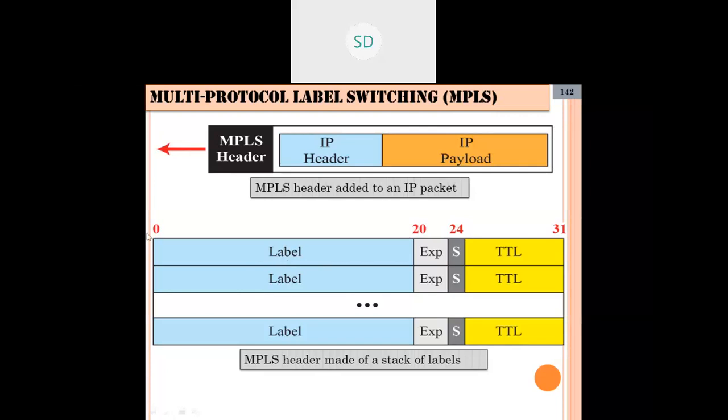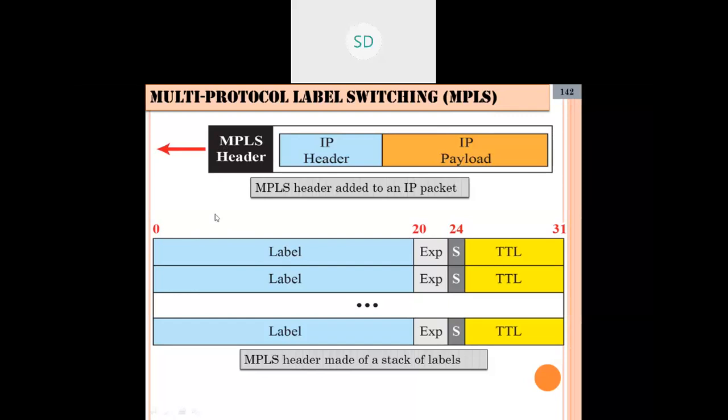The label, you can observe here. See, this is the overall frame. Initially it has the IP header, with all the information of source and destination, as well as the IP payload. Along with that, this is the MPLS header, the main header which is used for the switching purpose.